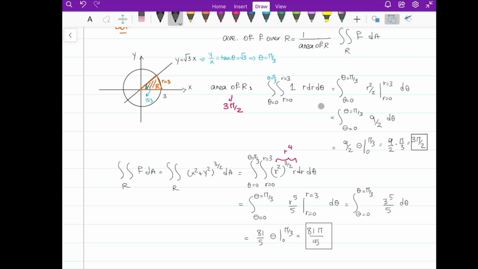So the average would be 1 over the area, so let me write it in here. It would be 1 over the area, which is 3 pi over 2, times the double integral of f, which is this one. Oh no, I made a mistake.